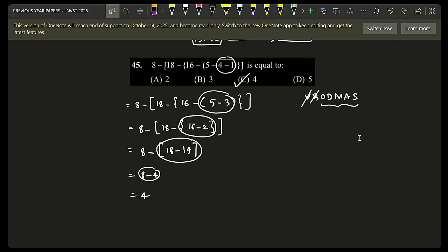If inside the bracket there is no division, can we solve that? If inside the bracket any operation may be there, but if all the operations are there, first we have to do division, then multiplication, addition, subtraction. Yes, inside the bracket also we can do division. Okay. Next question.